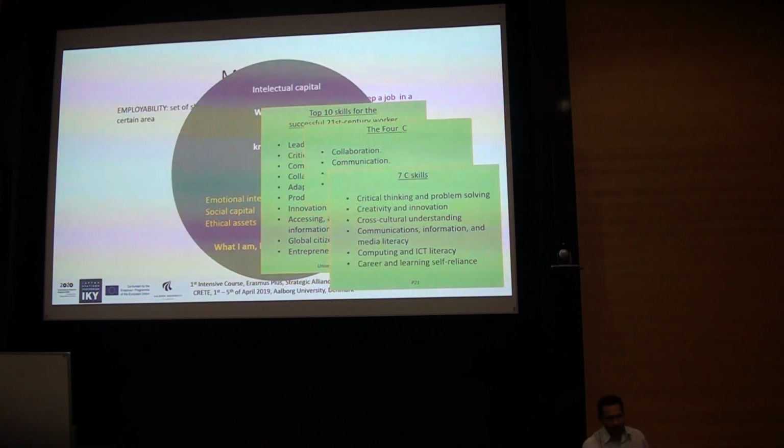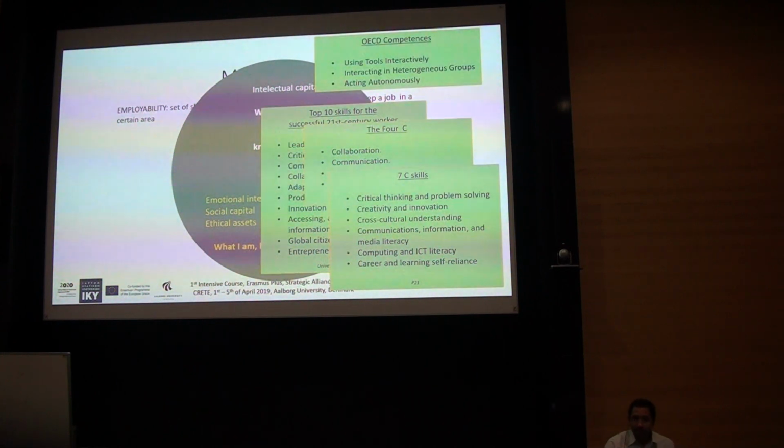So another study, complemented by P21 once again, uses 3 more skills. And the ones that are most relevant for us are computing and ICT literacy, and career and learning self-reliance.